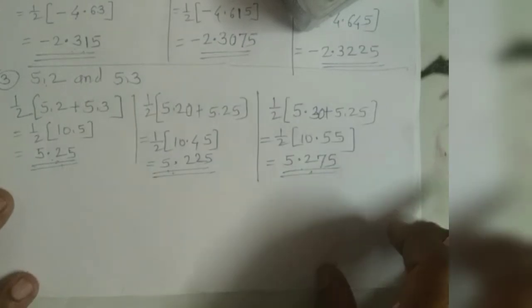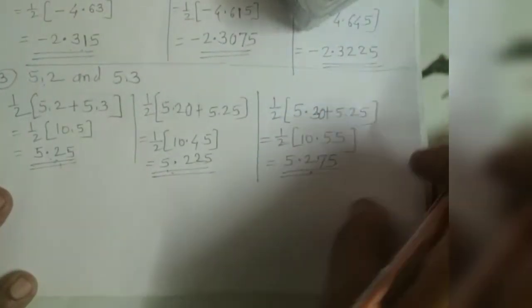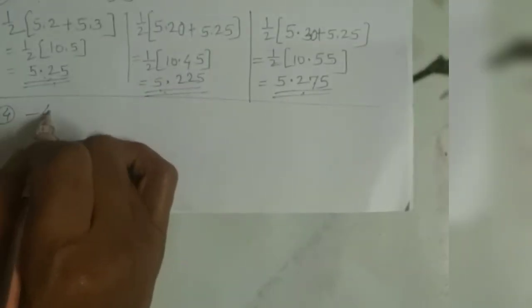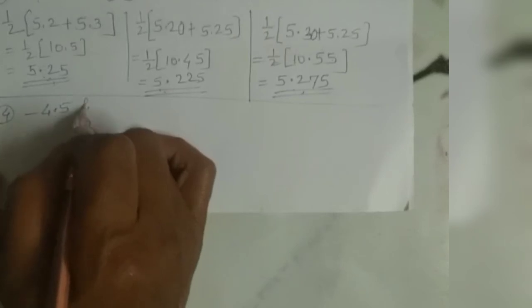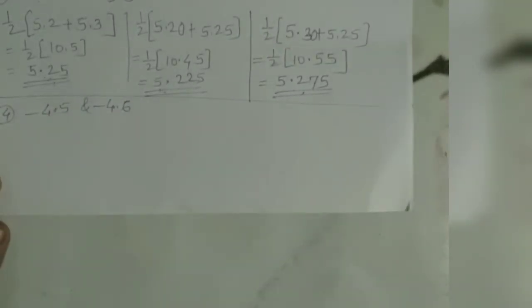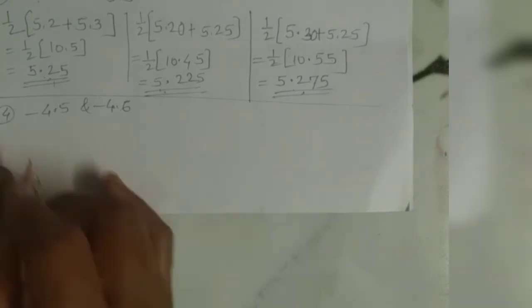In the same way, the last example, that is the fourth example, minus 4.5 and minus 4.6. Now this example I explain by the oral method.